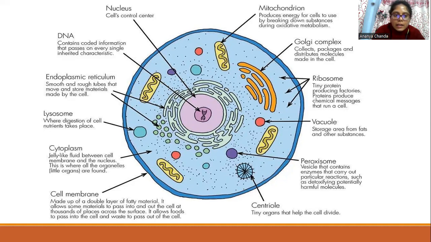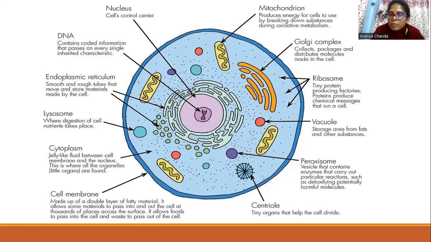Then comes the DNA. DNA helps in coding information that passes on every generation's characteristics. Next is the nucleus. This nucleus contains all the DNA material, and this helps in controlling the cell for further division.